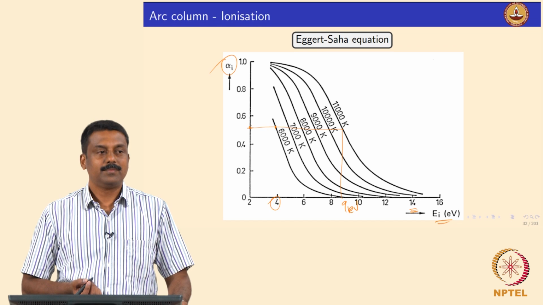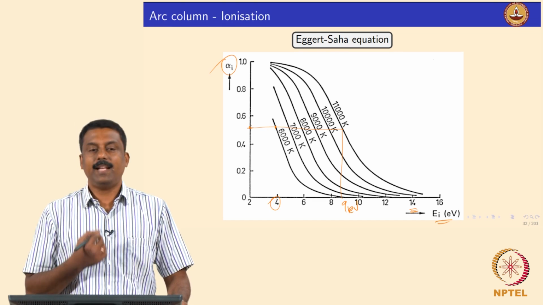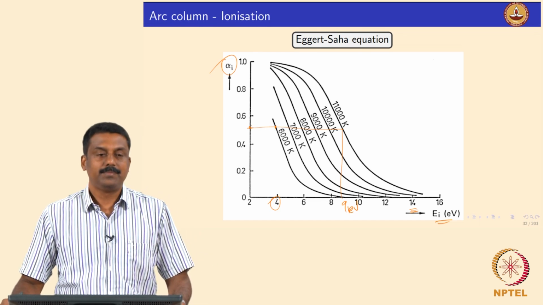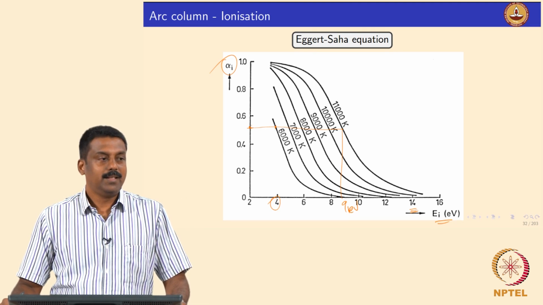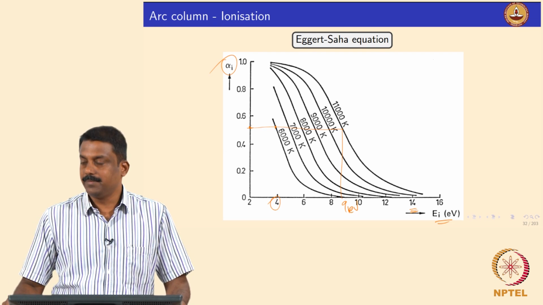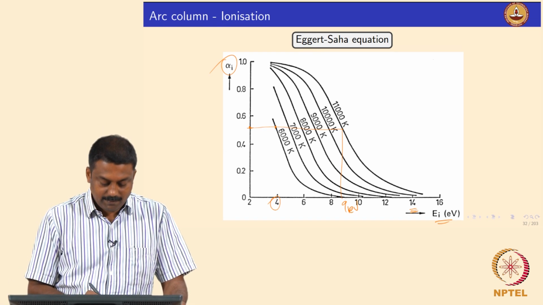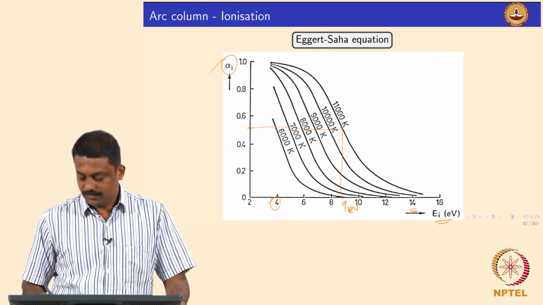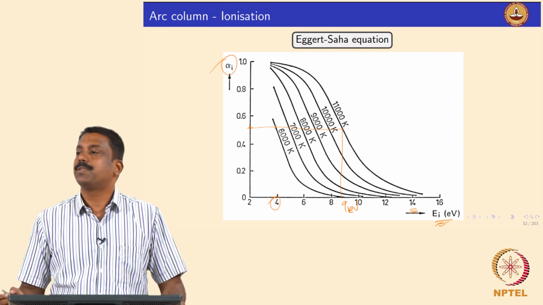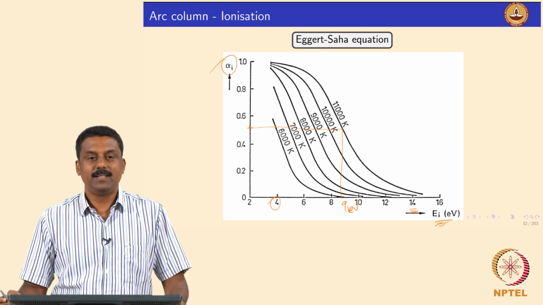In other words, in terms of heat generation, if you are giving energy to the system, when the gas has a very low ionization energy, you also create low temperatures, isn't it?